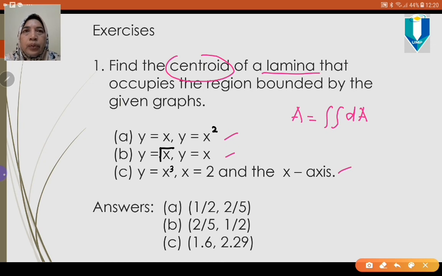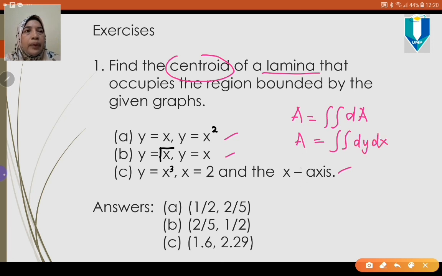You need to choose whether the region is of type 1, type 2, or polar. If the region is type 1, you use A equals the double integral of dy dx.